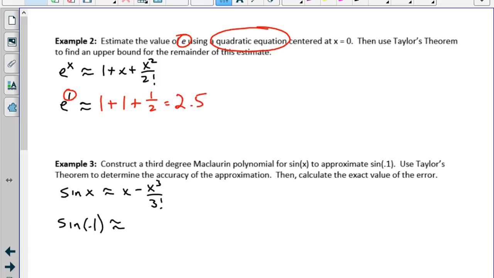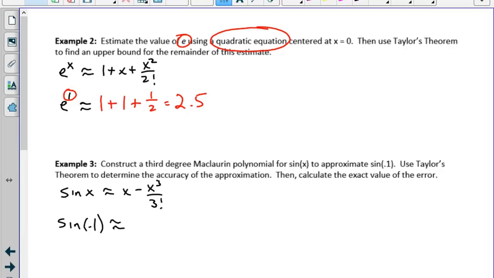And my approximation gives me 2.5 at the quadratic level. So the 2nd degree Taylor or Maclaurin polynomial gives me 2.5, and I know that e is approximately 2.71828 or so. So we know that for real it's off by a little bit more than 0.21.